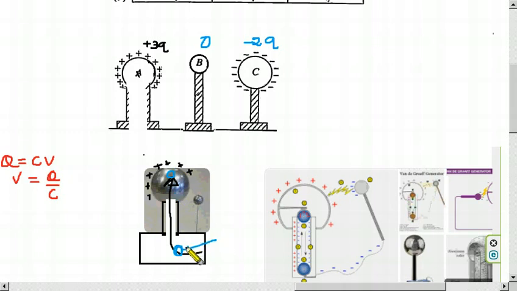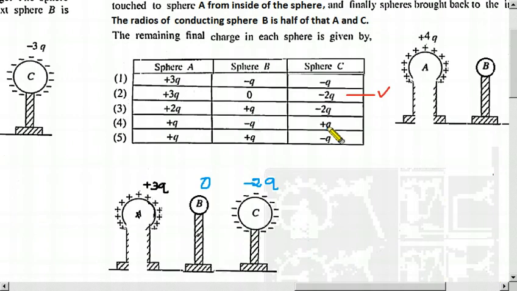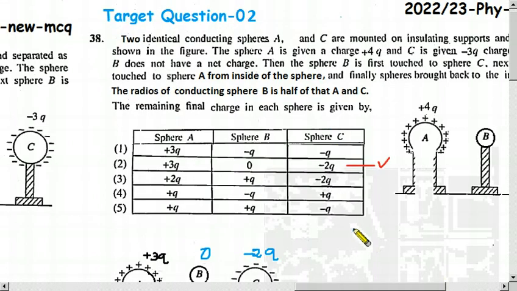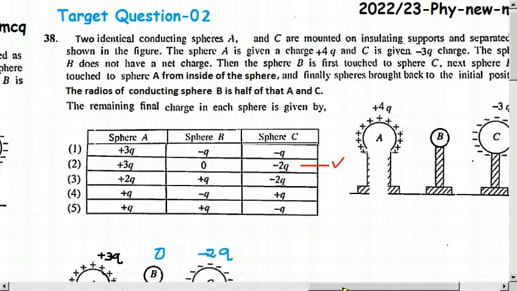Nothing remains on this object that we brought in. So that is the principle. Totally the charge goes to the outer surface. Therefore finally this B has no charge, so it is 0.